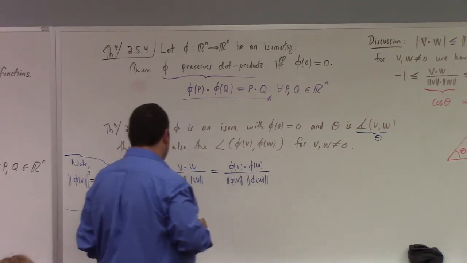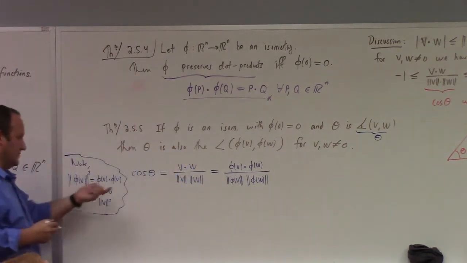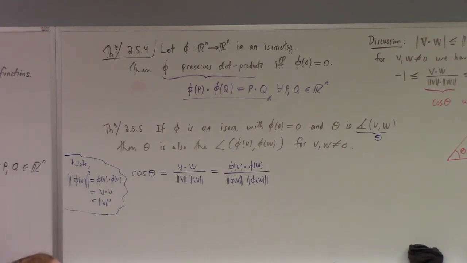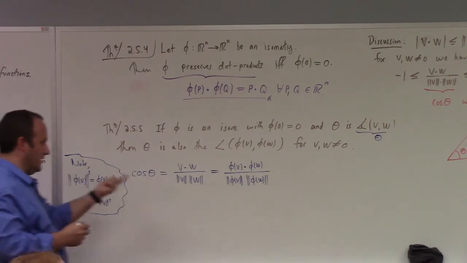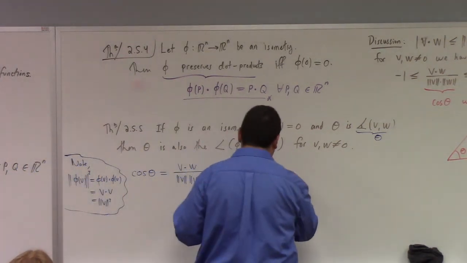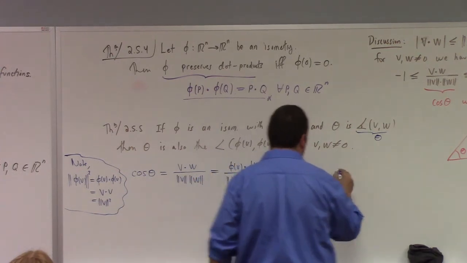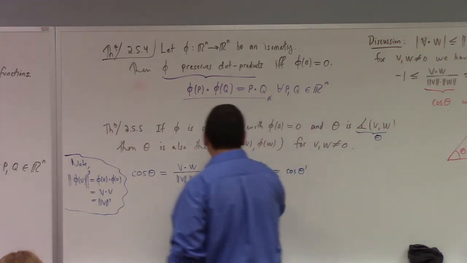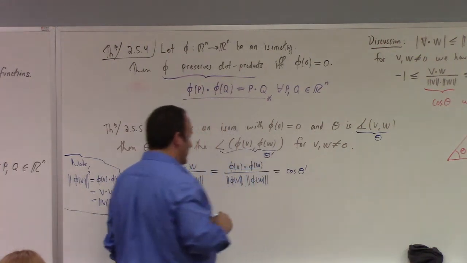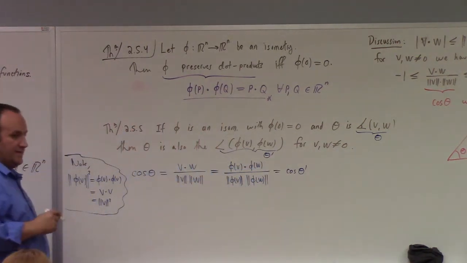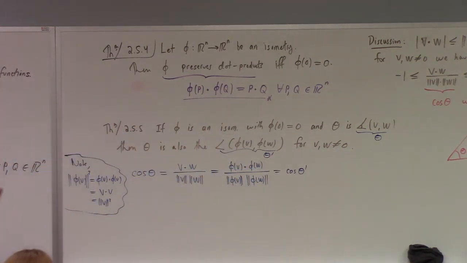Let's see here. Now, so anyway, the point is that those quotients are the same, but the quotient on the right is exactly the quotient which defines the angle for the image vectors. So this would be the cosine of theta prime, where I'm calling this thing here theta prime, right? But the thing is, both theta and theta prime are taken between 0 and pi.